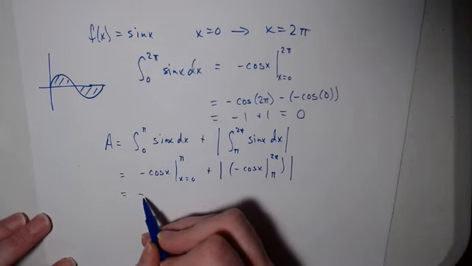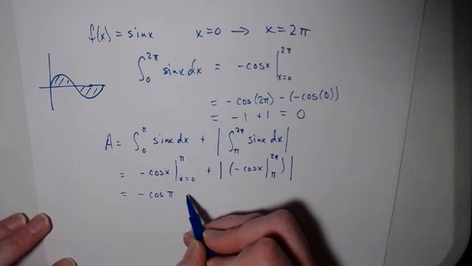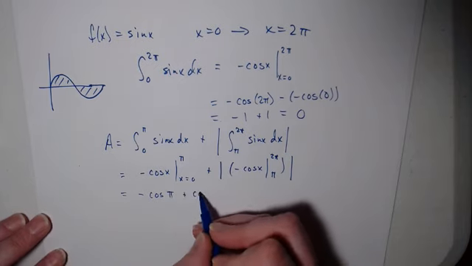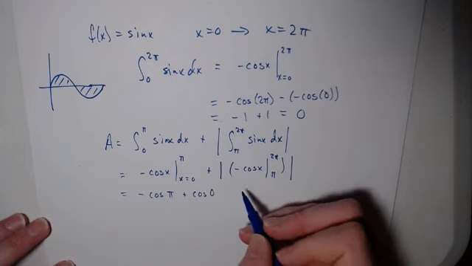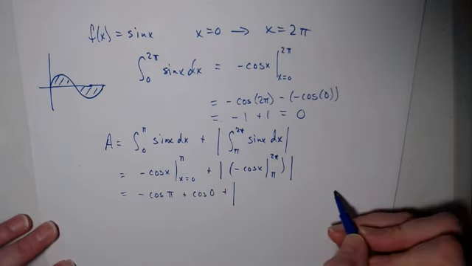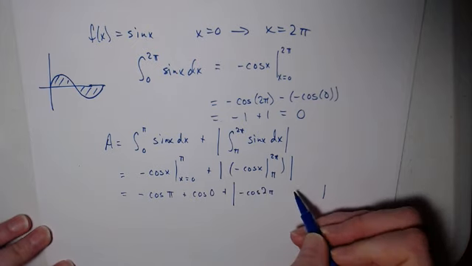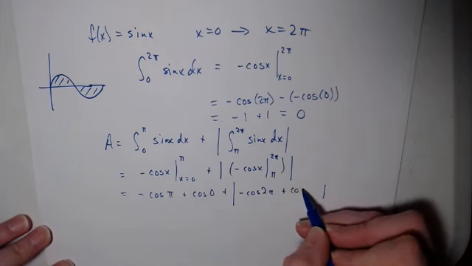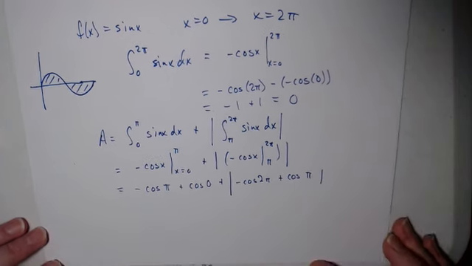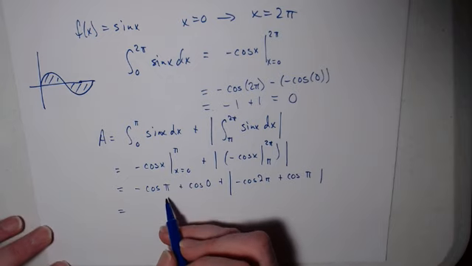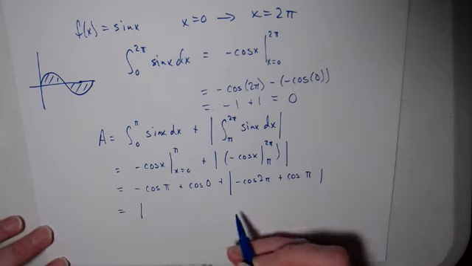So here is minus cosine of pi minus a negative, so plus a cosine of 0, plus, and then in the absolute values I get negative cosine 2 pi plus cosine pi. So cosine of pi is negative 1, so that's going to be positive 1.